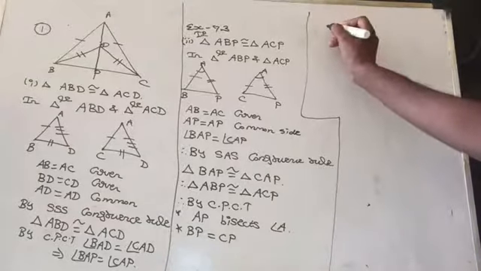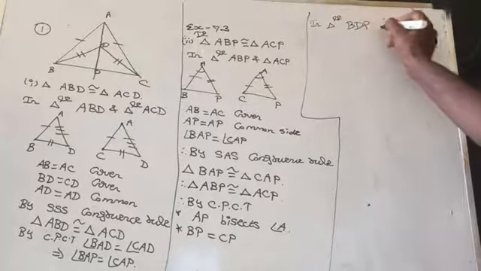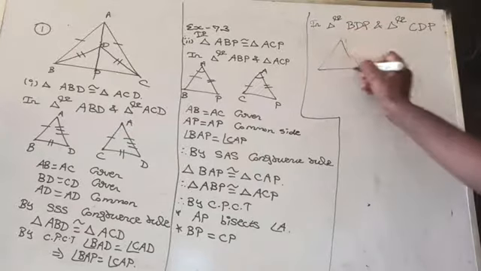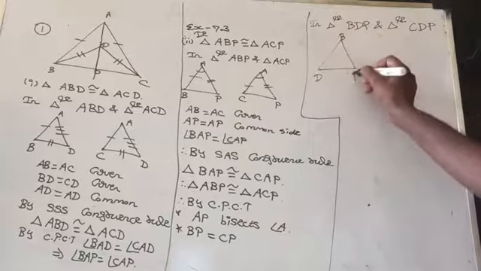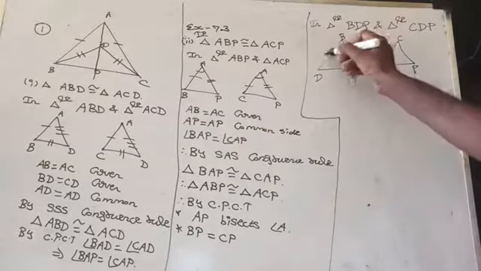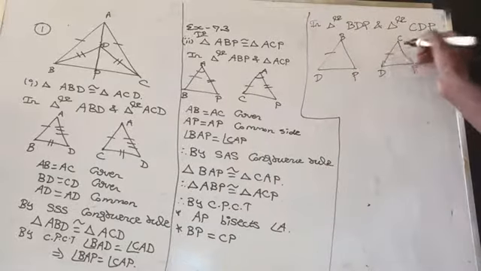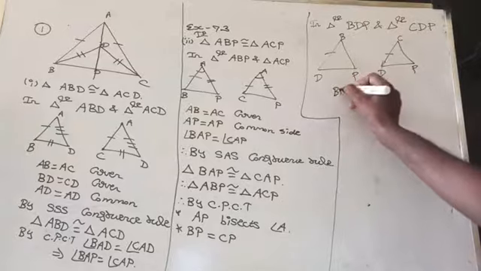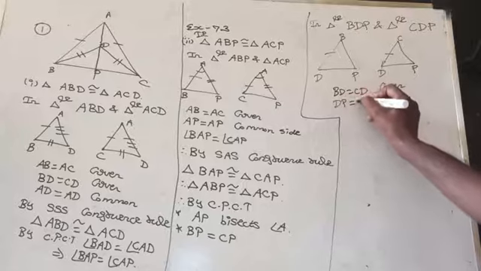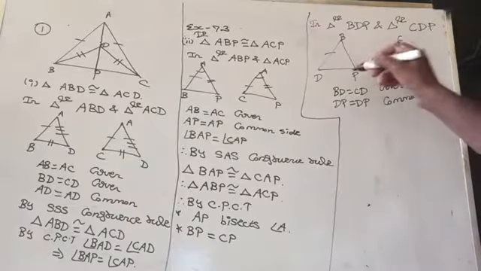BD equals CD, it is given. DP is a common side.